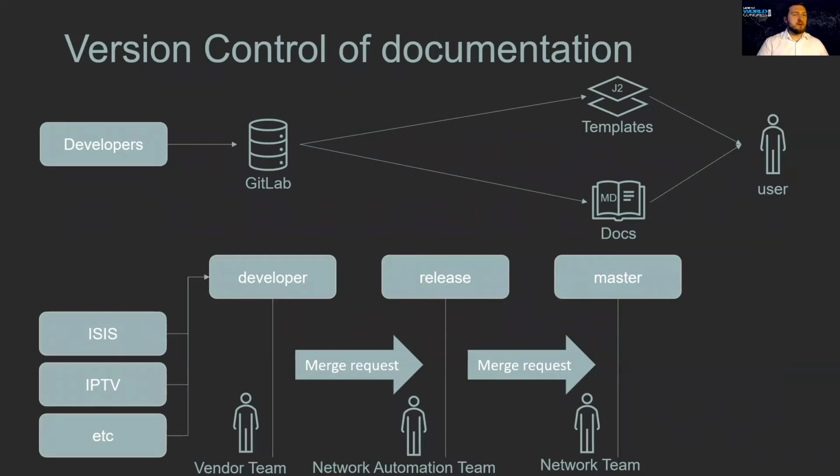For each vendor, we created our own project in GitLab where the developers make changes, and then these changes are coordinated with various departments using a merge request. The master branch of the project is automatically pulled into Doc Center and GoldConfig, where it is available for users.